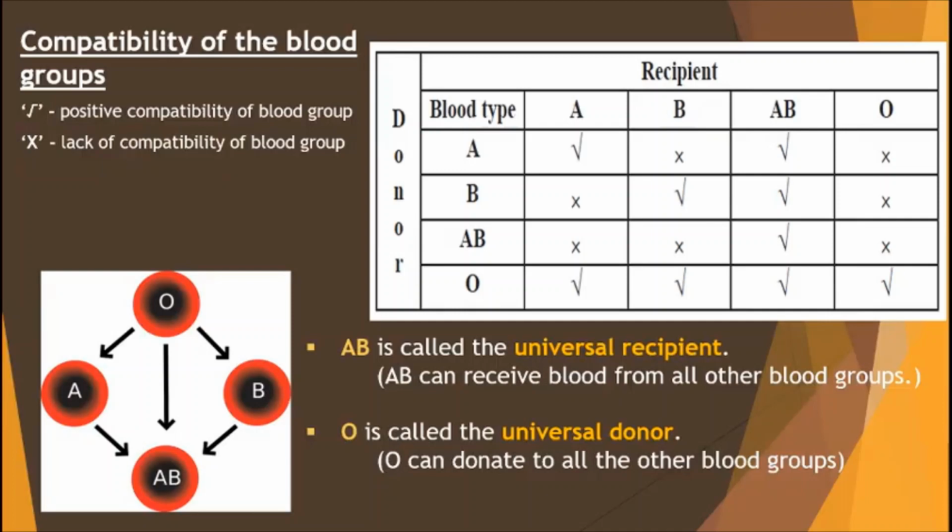It means an A person can donate blood to another A person, and a B person can donate blood to another B person. But a B person cannot donate blood to an A recipient. Like that, you can get an idea how the donor and the recipient match with each other.